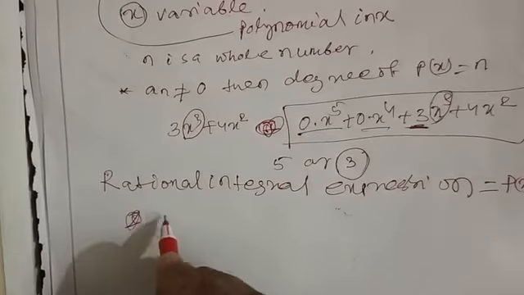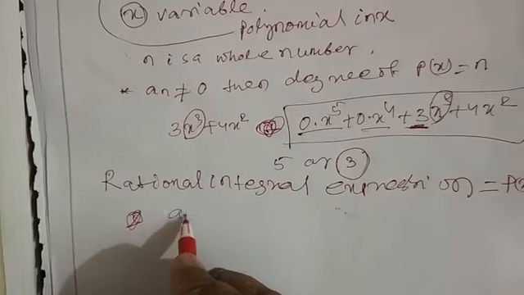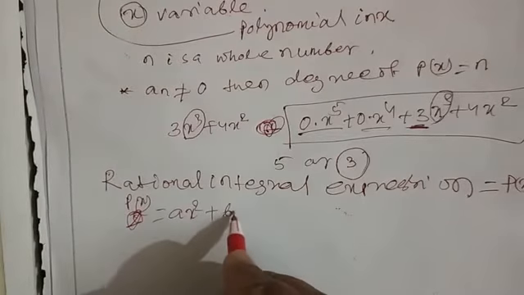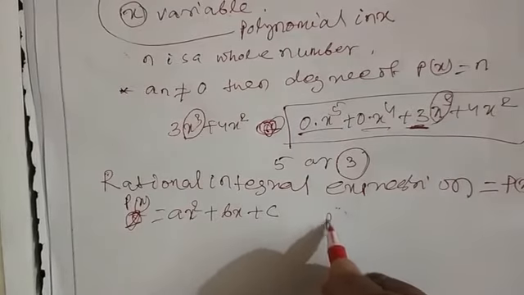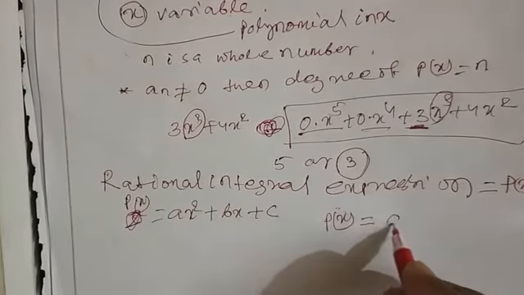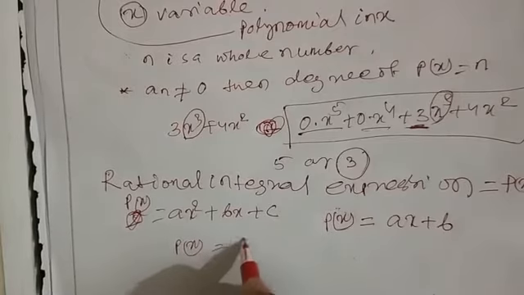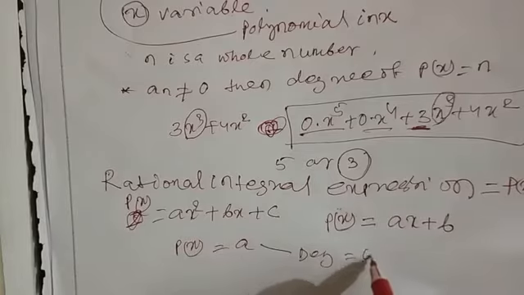Before we look at the zero or root of this polynomial, what is the standard form of a quadratic polynomial? It is p(x) = ax square plus bx plus c. What is the standard form of a linear polynomial? p(x) = ax plus b. What is the standard form of a constant polynomial? p(x) = a. What is the degree of a constant polynomial? Degree is 0.